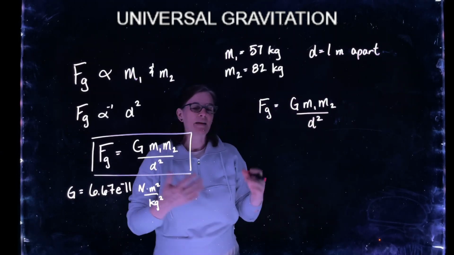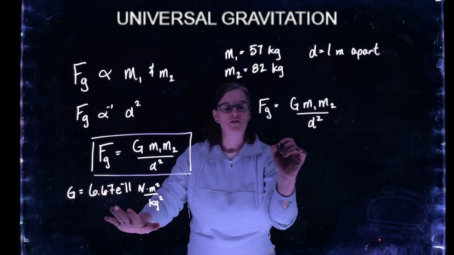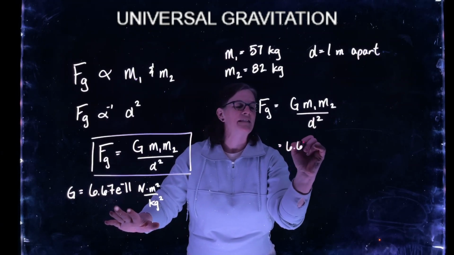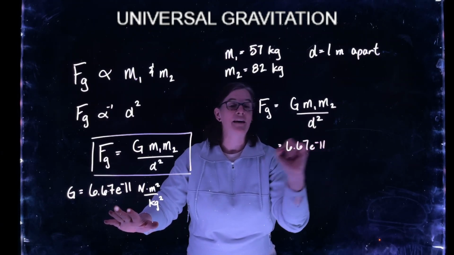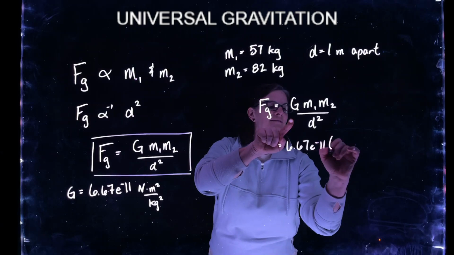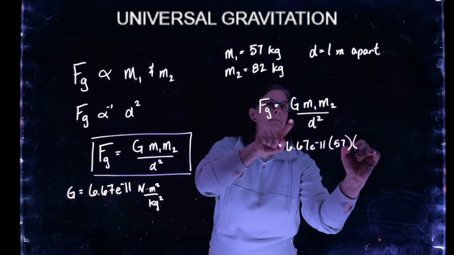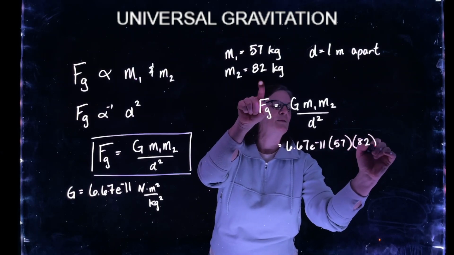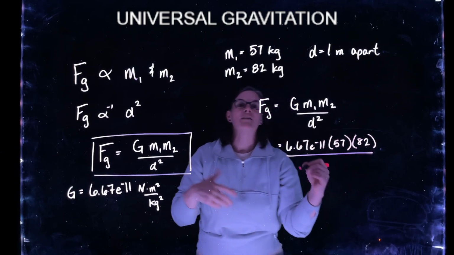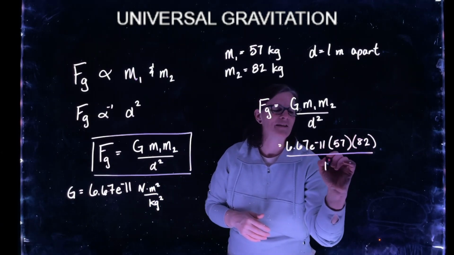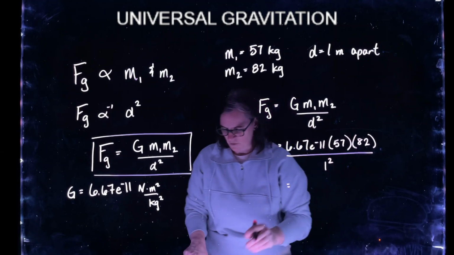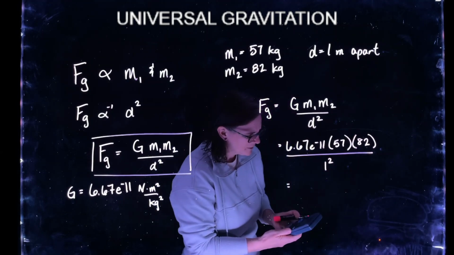That's important. All right, so then we just use the gravitational constant, 6.67 times 10 to the negative 11th. Mass 1 is 57. Mass 2 is 82. All over our distance of 1 meter, so that's 1 squared. So we get out our handy dandy calculator.